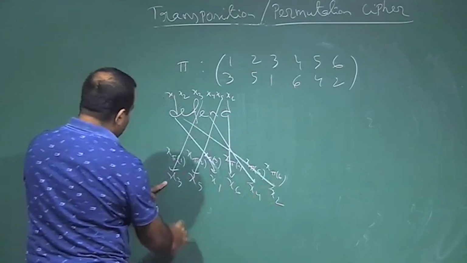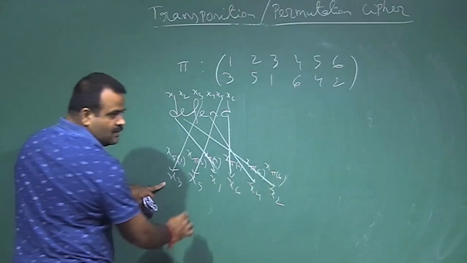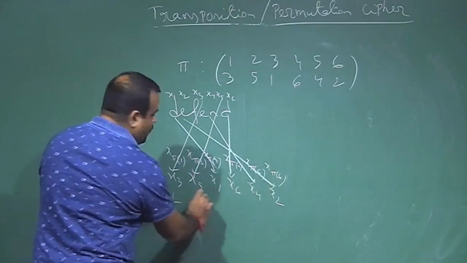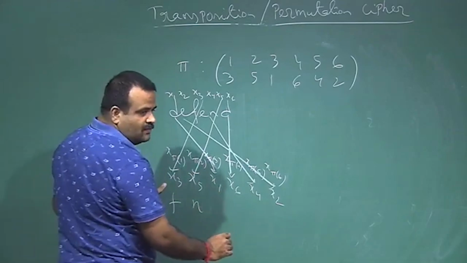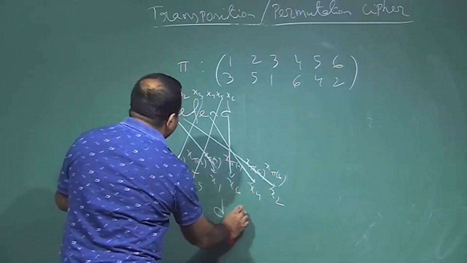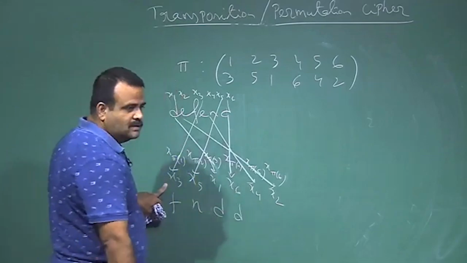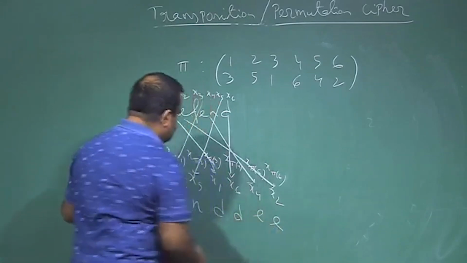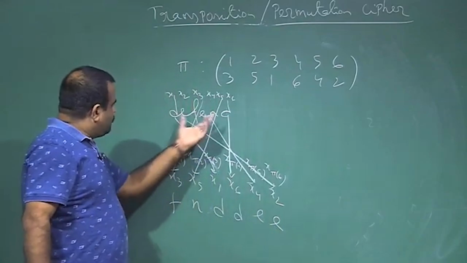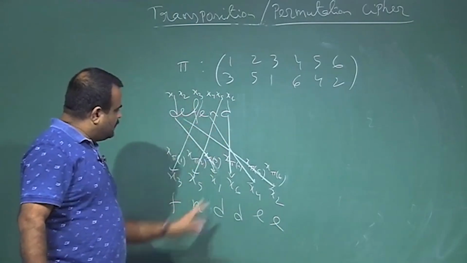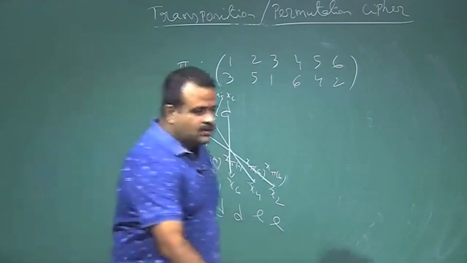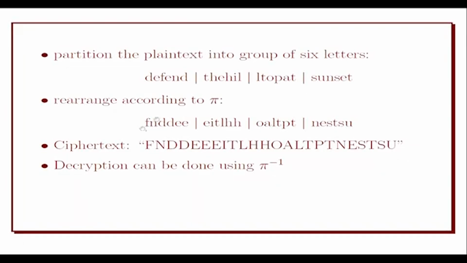So, we can just write: F, N, D, D, E, E. This is just a linear shuffling of these letters. If we apply that, we get the first block. Similarly, we apply phi on the other blocks and get this. Finally, this is our ciphertext corresponding to that plaintext.